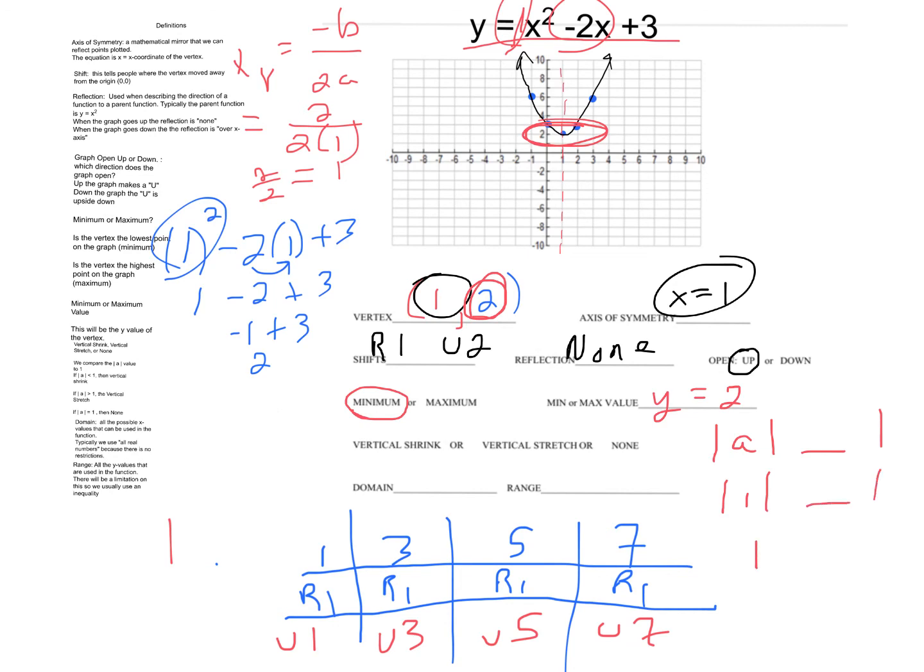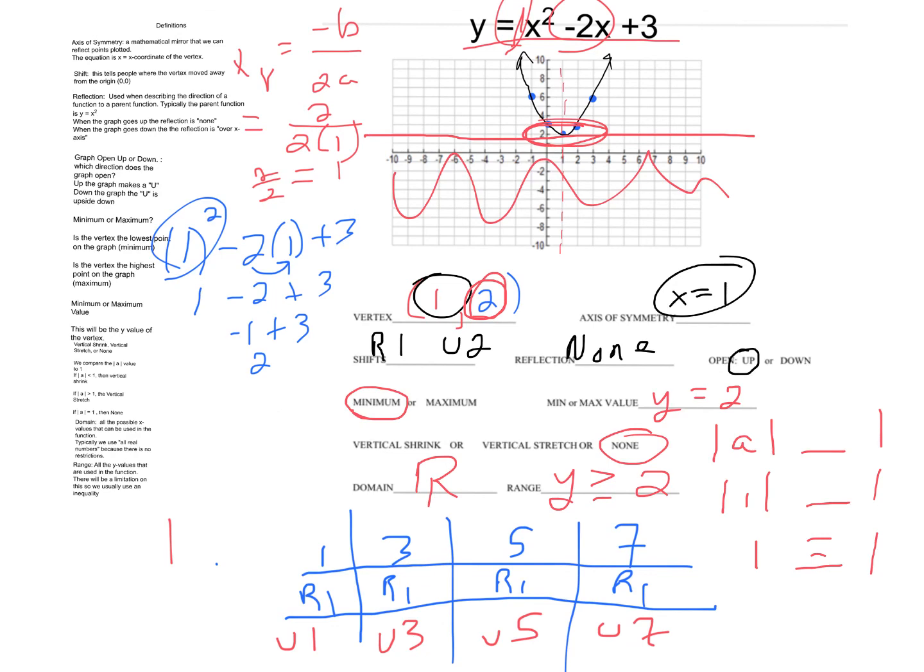The absolute value is 1, so since that's equal, that is none. Now, domain. Since there are no gaps or restrictions on my domain, it is all real numbers. And again, notice my graph does not go below 2. Therefore, y has to be greater than or equal to 2. And there it is.